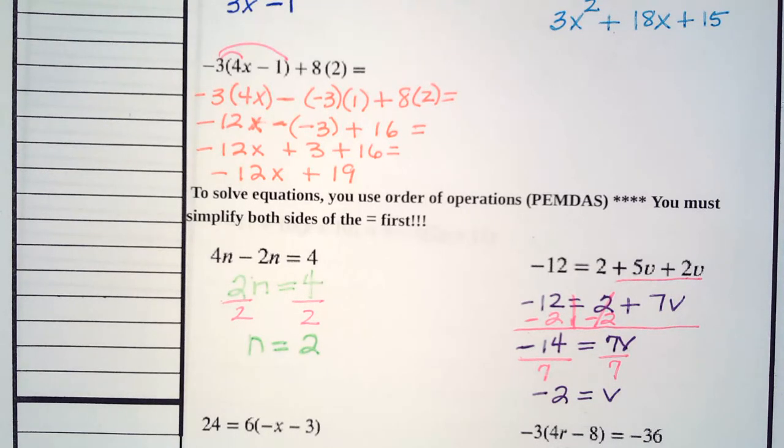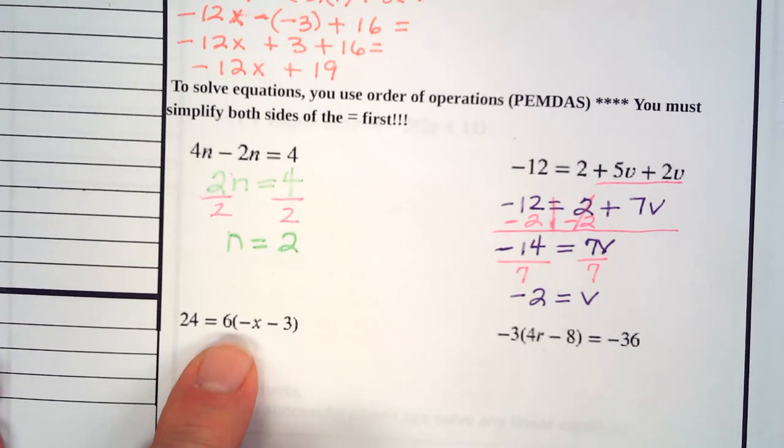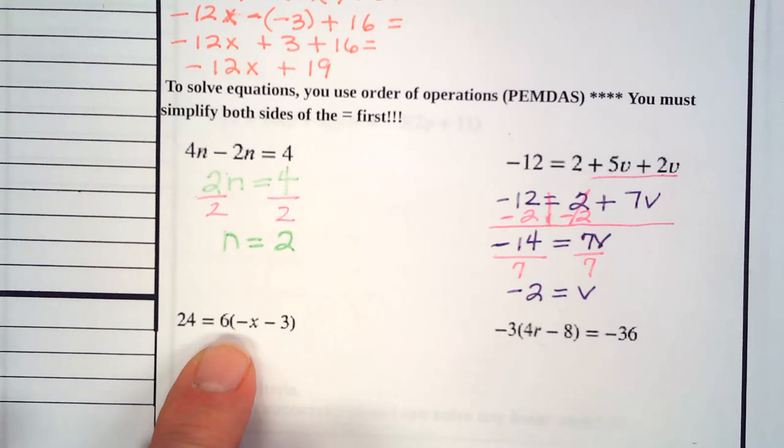So as we're looking at this, we have to think about step by step what you do. I'm going to have you pause the video now. Can you distribute correctly? Can you do that first step correctly?